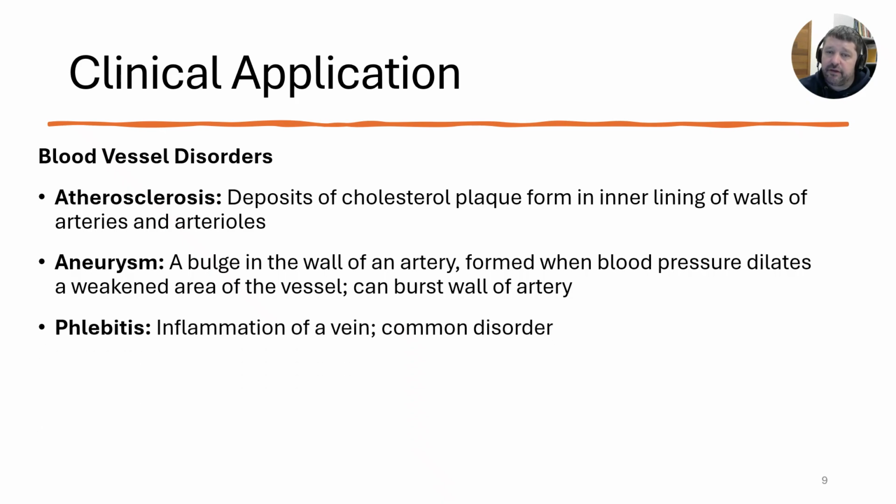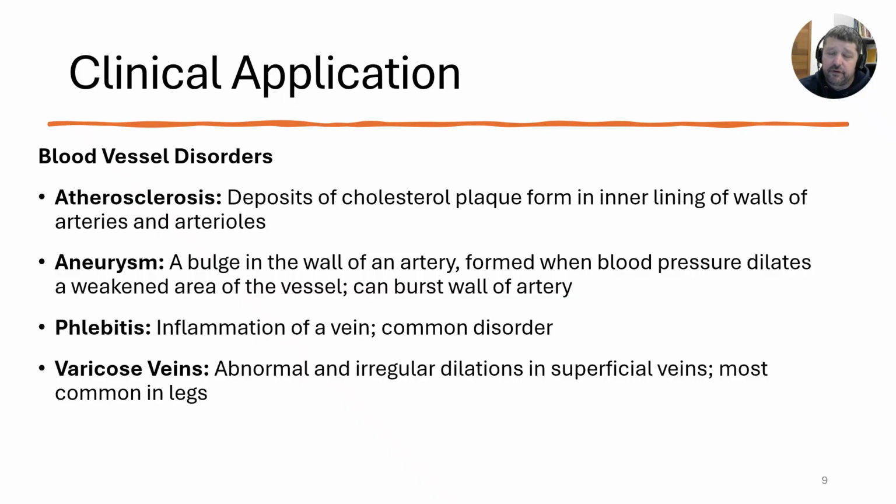Phlebitis is inflammation of a vein. Often this occurs in the legs, and it is a common disorder, but it can be extremely dangerous, especially if it's deep phlebitis, which can be associated with clotting. So it can be a very dangerous disorder, even though it's really common.